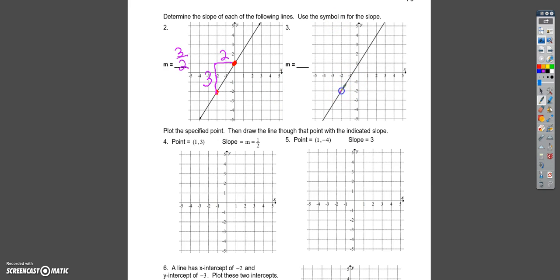This looks like a good one. I'm going to rise 1, 2, 3. And we're going to run 2. Okay, so rise over run.